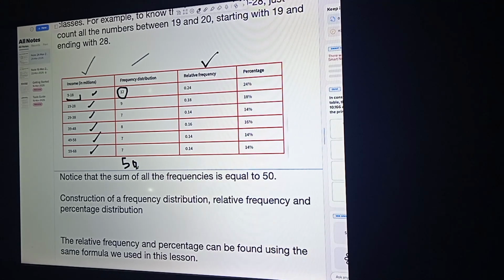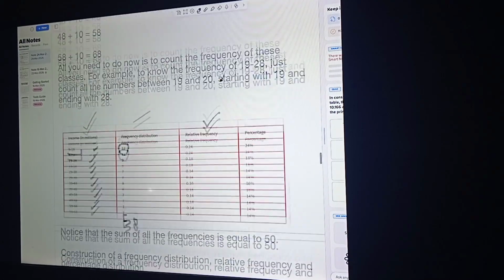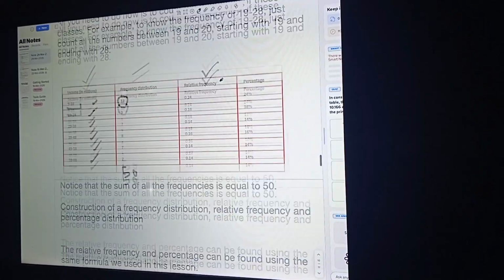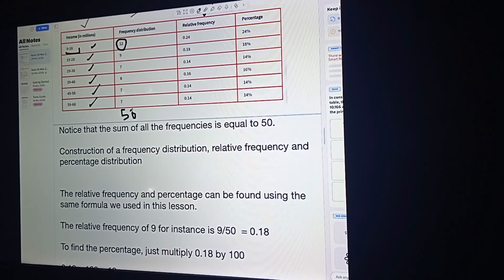Similarly, 9 divided by 50 gives you 0.18, and multiplied by 100, it gives you 18%. So this 24% means that 24% of this data set, of these 50 individuals, fall in this class.